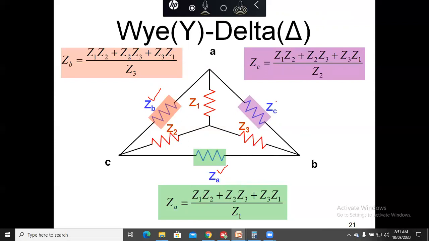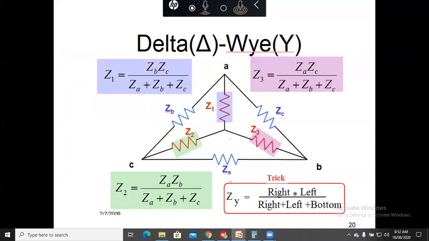And now we have to calculate the value of Z1, Z2, and Z3, right? So how can we do this?